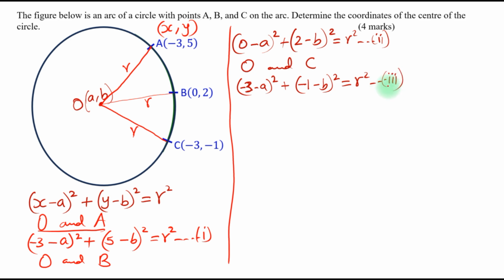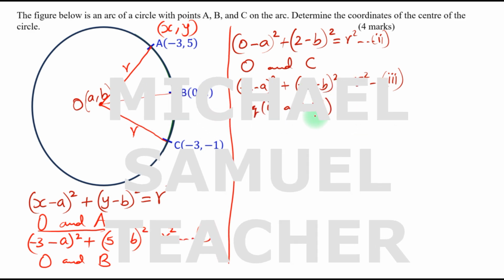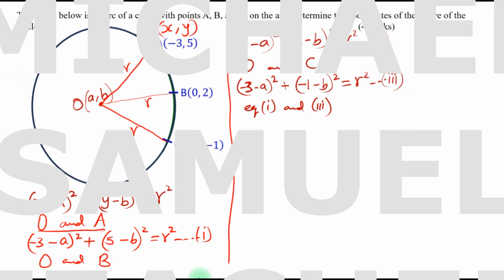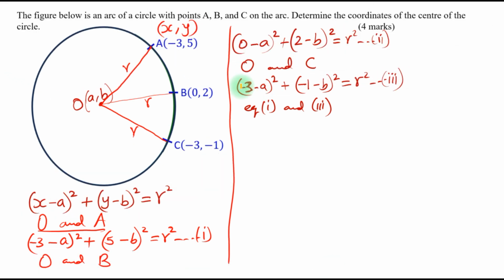So we compare the three equations. We can take pairs of equations. We can take equation 1 and equation 3. The reason I have taken them is simply because we have this value corresponding to this, and to some point it is going to eliminate one another. So we equate the two.